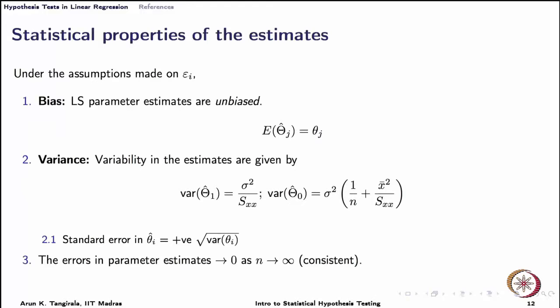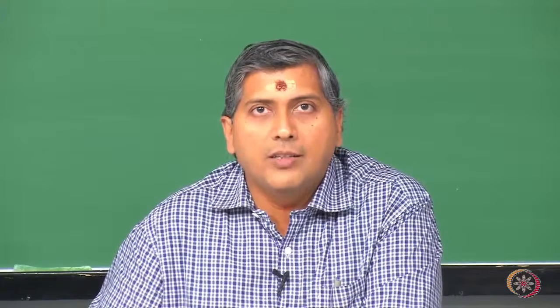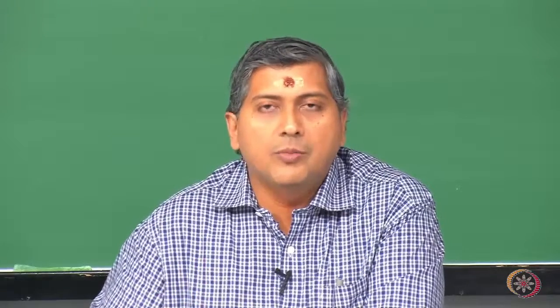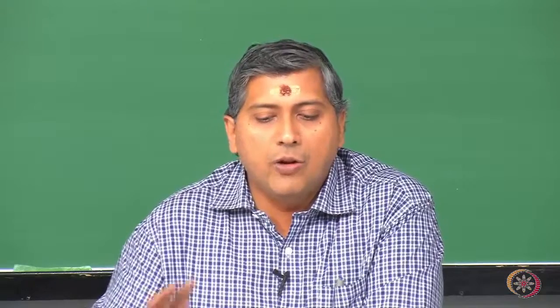So, let us look at the bias without going through any rigorous proof. I am stating straight away under the assumptions that we have made, the Gaussianity assumption on epsilon is not required. All that is required is the first assumption that we have made, epsilon and x are uncorrelated, and that epsilon is of 0 mean.